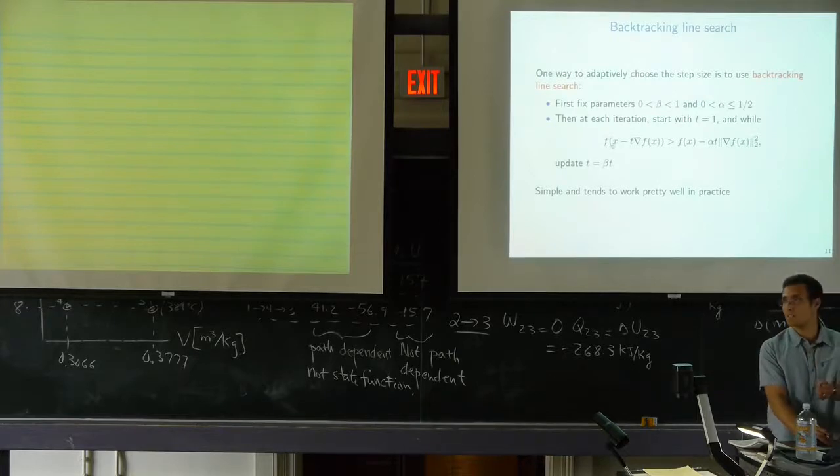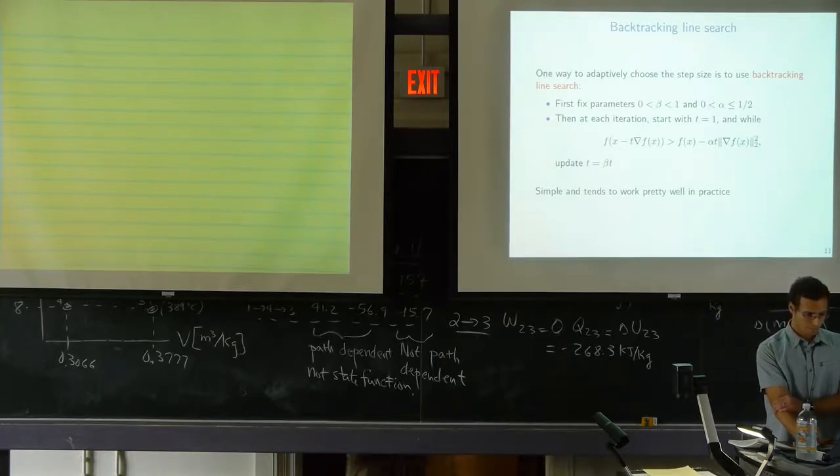We try a step size t, maybe try, for example, a step size of length 1 initially. And then if the function in that proposed update is bigger than essentially some threshold we set, we keep iterating. We keep making the step size smaller and smaller until we make the function at this proposed update small enough, and then we take that update and we go to the next iteration of gradient descent.